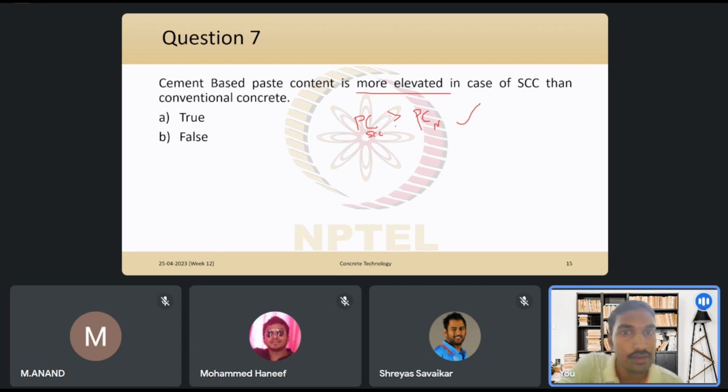We saw that in the question on modulus of elasticity. We saw the reason for the lower modulus of elasticity in SCC is because of this relationship. The paste content is higher in the case of SCC than conventional concrete. Why? Because we want improved workability and flowability. Therefore, the paste content will be higher and the coarse aggregate content will be lower.